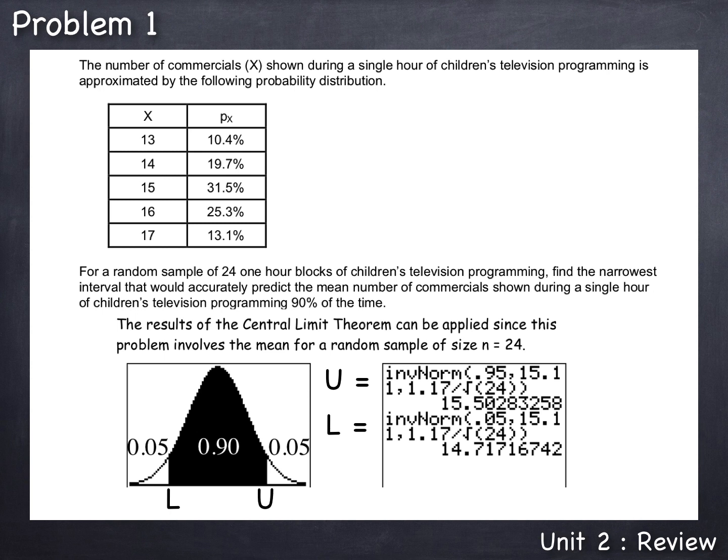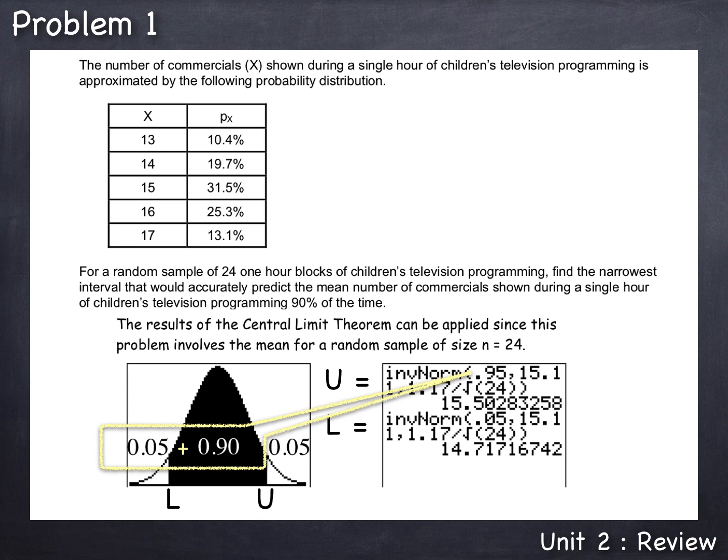The first number entered in the inverse norm command is the less than probability, that is, the area of the normal distribution to the left of the number we are trying to calculate. So when calculating the upper value of the interval, we need to enter the area that is less than the upper number.